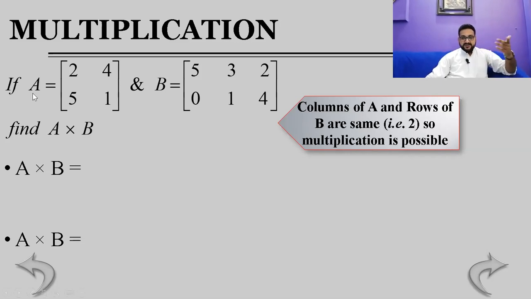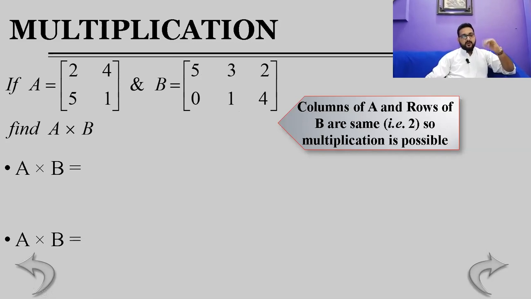Now I repeat it again. How many columns in A? There are 2 columns in A, 2 5 4 1, and there are 2 rows in B, 5 3 2, this is the first row, 0 1 4, this is the second row. So you can see that the matrices are same.